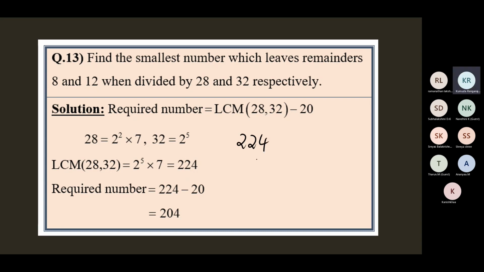Now for 28, you should get the earlier number. When divisible by 28, 28 meaning 20, and the remainder 8. So if the remainder should be 8, if you reduce this by 20, so for 28 there is 20, but you need 8 more. So that will be the remainder.